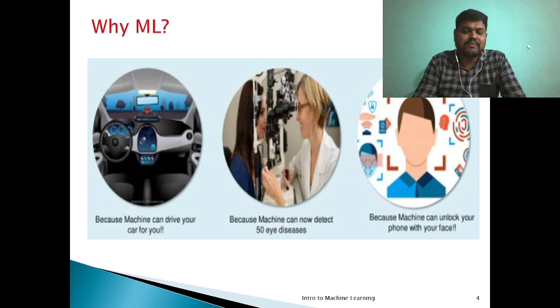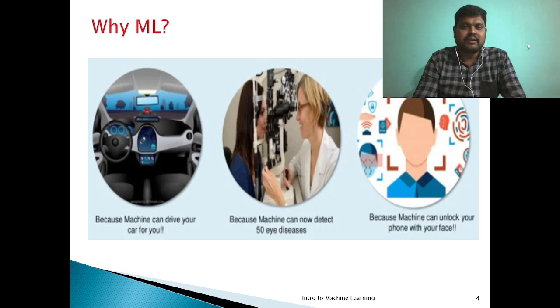Machine learning, as the name suggests: based on some training or experience, the machine will learn how to react to a particular type of input or incident. Based on the experience or the training, it will generate the output.